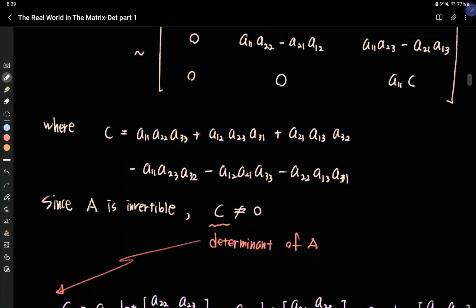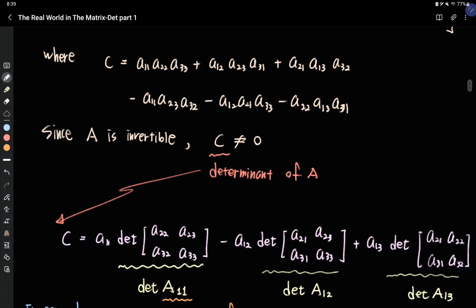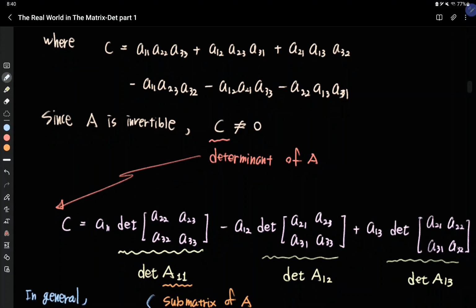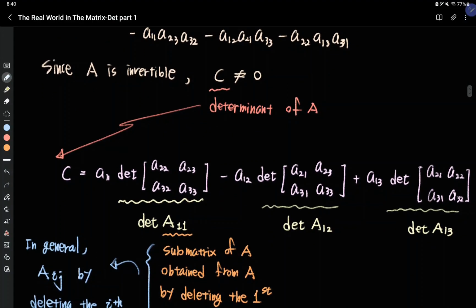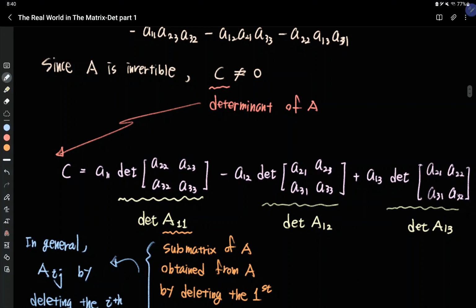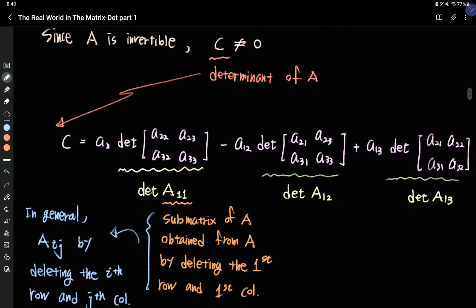From here, we can get a formula for the determinant of matrix A. The formula can be rewritten so that C is equal to a sub 1 1 times the determinant of that matrix. That matrix is called the submatrix of A obtained by deleting the first row and first column, denoted by A sub 1 1.